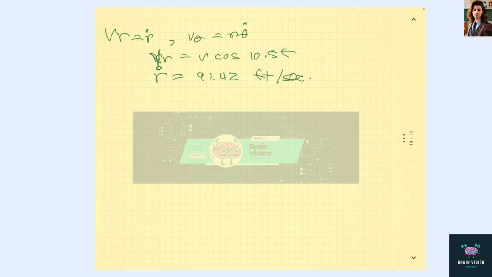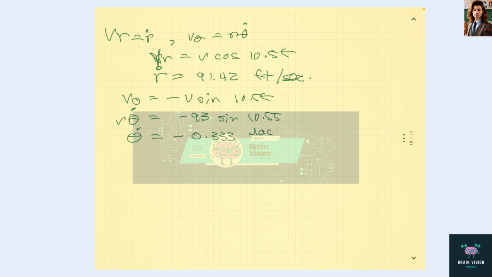And our vθ will equal negative v times the sine of 10.55. So r times θ̇ equals negative 93 times the sine of 10.55. And I end up with this equals a negative 0.333 radians per second.